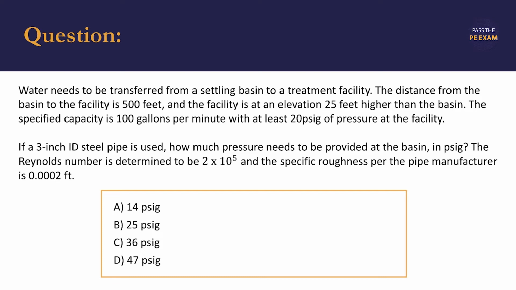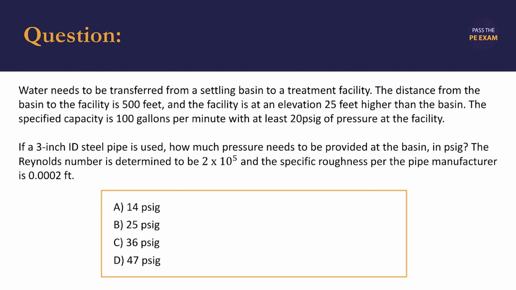And of course, there are going to be friction losses as well. So right off the bat, we know that 14 gauge psi does not exceed 20 gauge psi, so answer A is immediately off the table. We don't know for certain whether answer B is within the realm of possibility or not, but if I were to do calculations and get that answer, I would probably end up checking my work just to make sure.